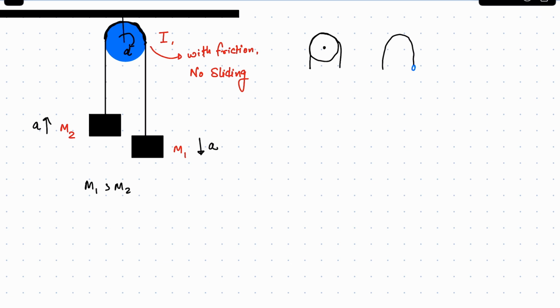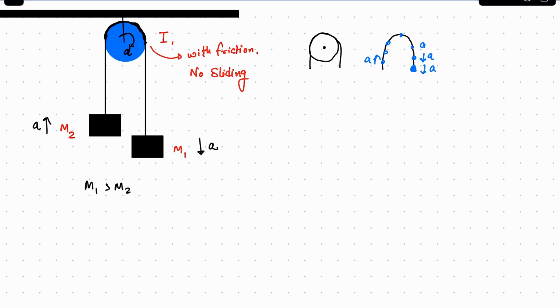Because if I take this point of the rope, it is going to have the same acceleration as this object, and we have assumed that this object is going down with acceleration a, so each point of this rope is going to go down with acceleration a. Why? Because this is an inextensible ideal string. Like this, each point has acceleration a, there is no doubt in that, the magnitude is a.